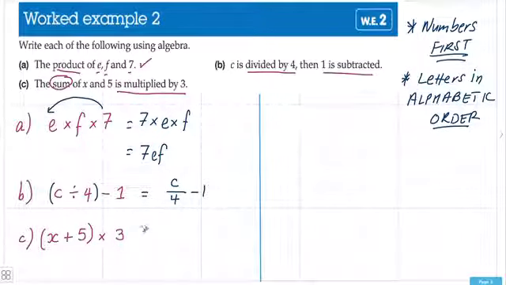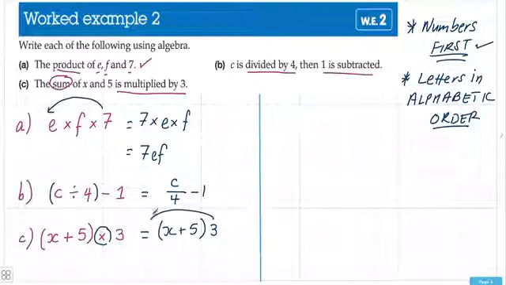Now you might be able to simplify that a little bit. Remember that you've got a multiply sign here. We don't need to write a multiply sign. So we'd write it like that. But also we want to put numbers first. Okay, so here it looks a bit weird to have the number there at the end. So this is actually going to be written properly as 3 times x plus 5. 3 lots of x plus 5. And now you've written it properly in algebra.